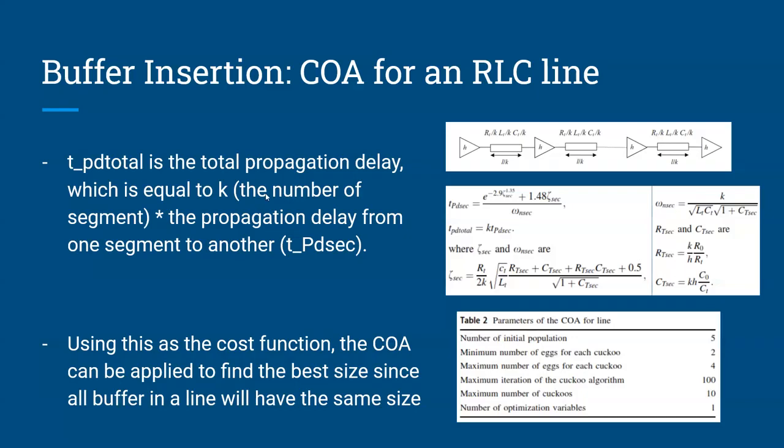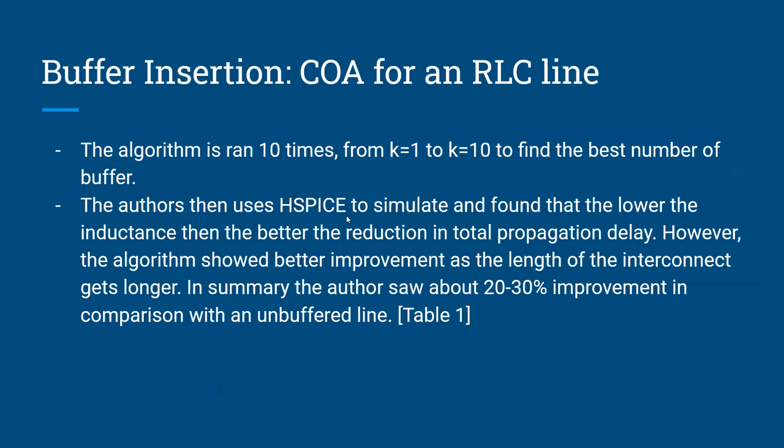And the COA can be applied to find the best size, since all buffers in a line will have the same size. And then the algorithm can be run a number of times, for example 10, from k equals 1 to k equals 10, to find the best number of buffers.